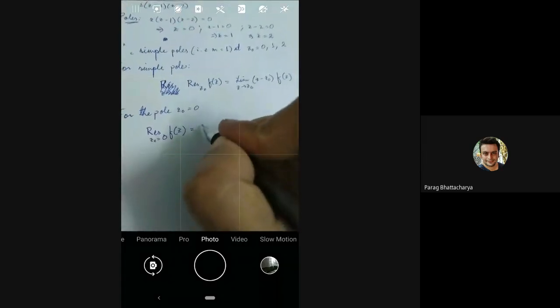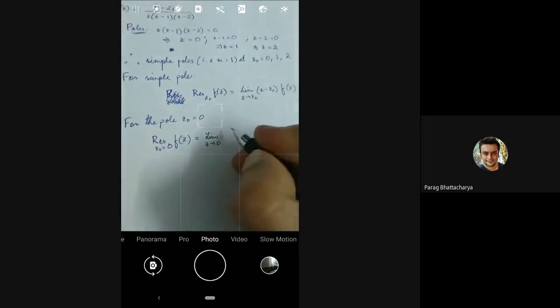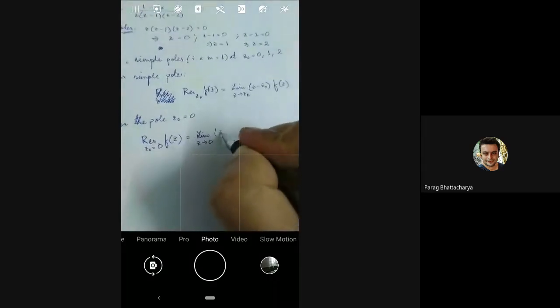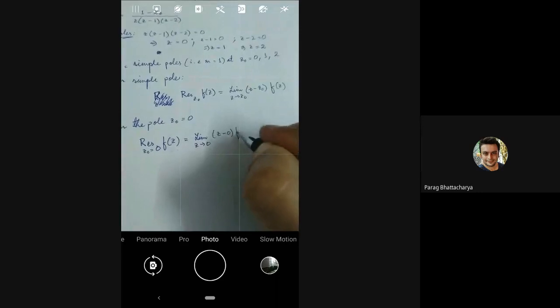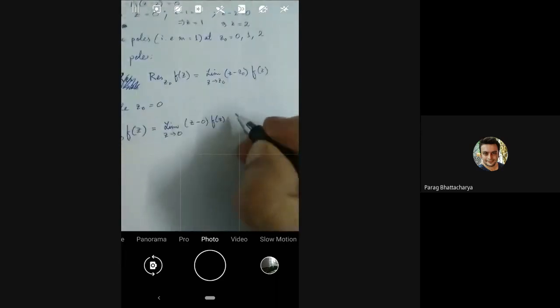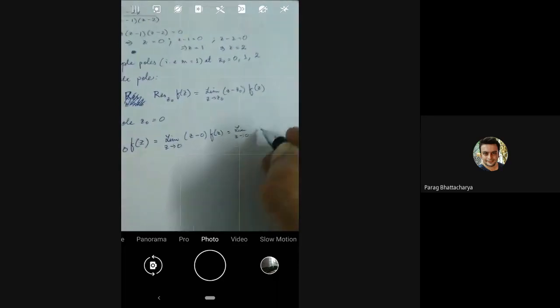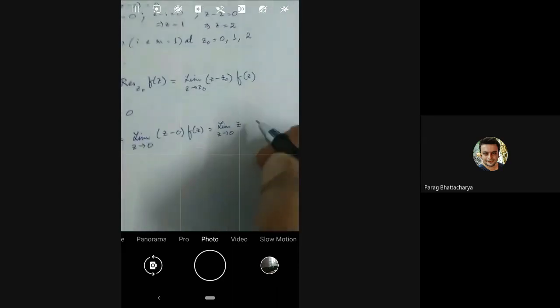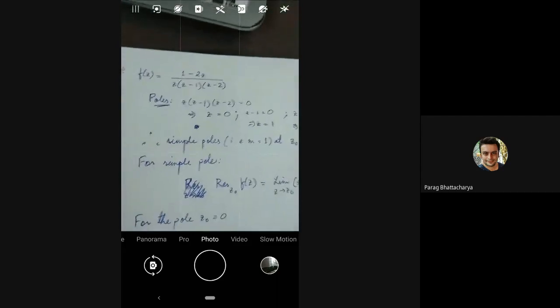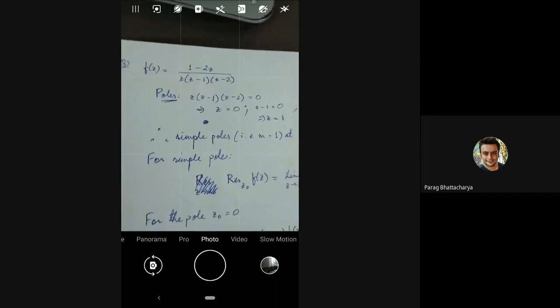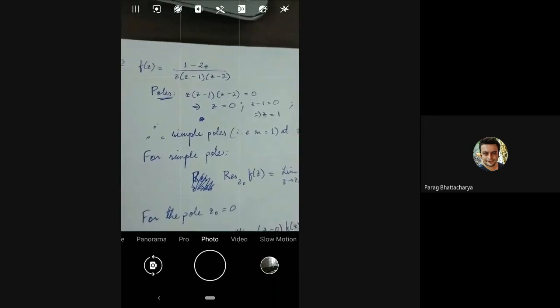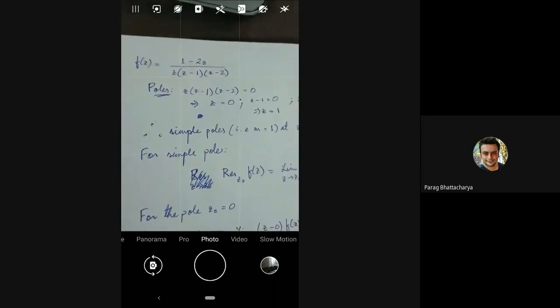So we have limit z tends to z naught, which is 0, of z minus z naught, z minus 0, times the function f of z. So which is equal to limit z tends to 0 of z times f of z, where the function is 1 minus 2z divided by z into z minus 1, z minus 2. That's the function.